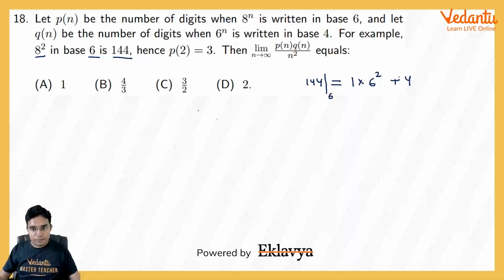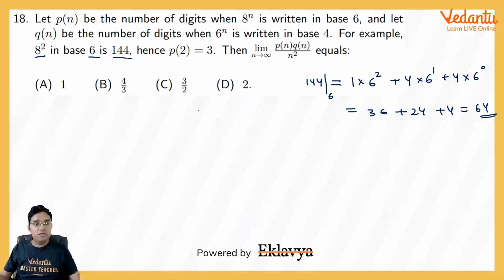Similarly, the first 4 here will be multiplied with 6 power 1, and then the last 4 will be multiplied with 6 power 0, and you can check, this becomes 36 plus 24 plus 4, and it comes out to be 64. So that is why 144 is the base 6 representation of 8 square in decimal. 8 square in decimal is equal to 144 in base 6.